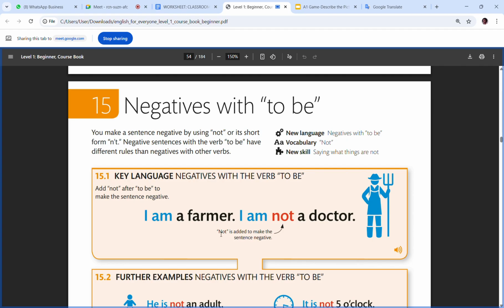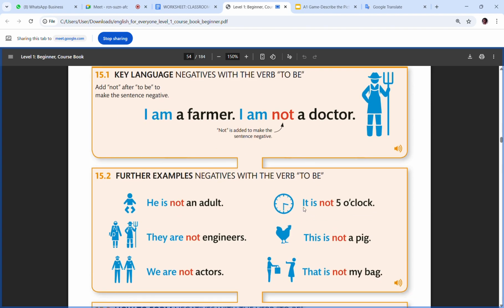So in English, when you are working with the verb to be, you have to add not after to be, okay? To make a negative sentence. So I am a farmer. I am not a farmer, okay?